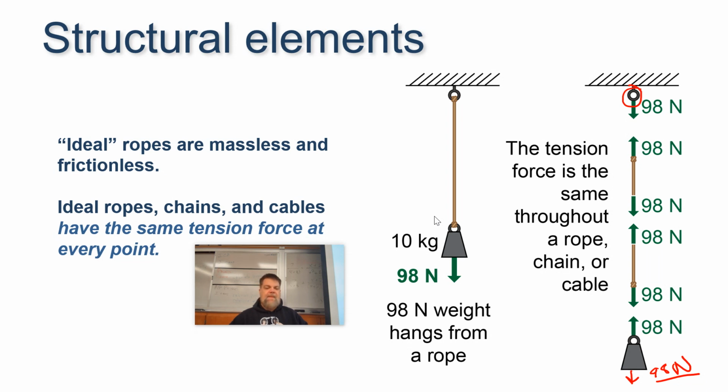Now, at any point in the rope, or if we use chains, or if we use cable, what we'll run into is equal tension or equal force, right? So the only time a rope would break or a chain would break is because you have an issue.